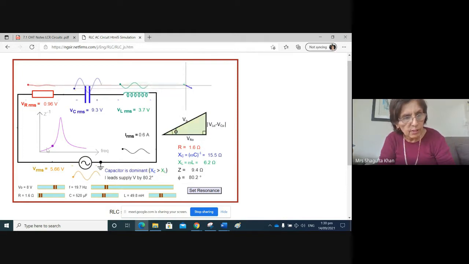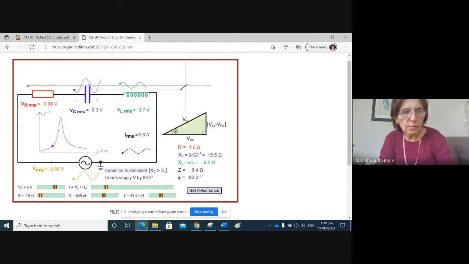So if we look at this graph over here, at this particular frequency, which is somewhere about 19.7 hertz, it is a capacitive circuit, and these graphs are giving you the actual values at different times where the dot is at that particular instant. That is the value of the voltages.